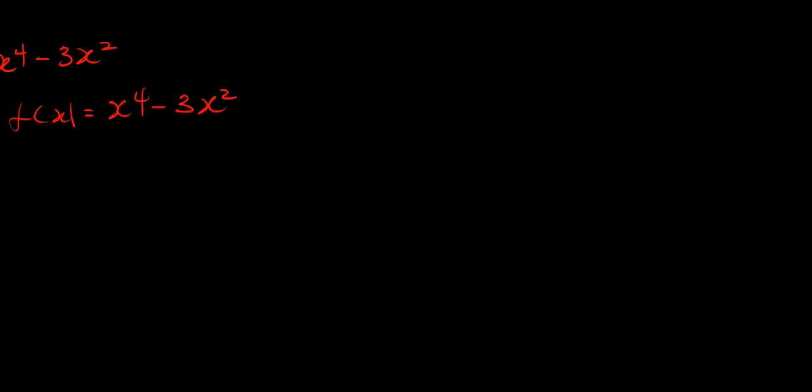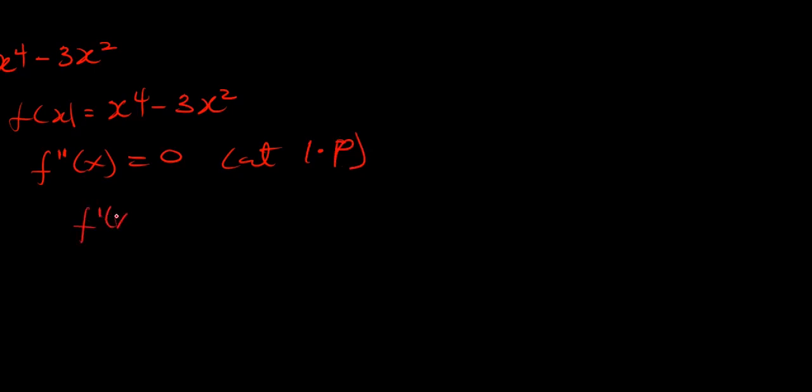And what we know about inflection point is that at inflection point, the second derivative of the function is supposed to be 0. So f double prime of x is supposed to be 0 at inflection point. Okay, so let's get the second derivative.